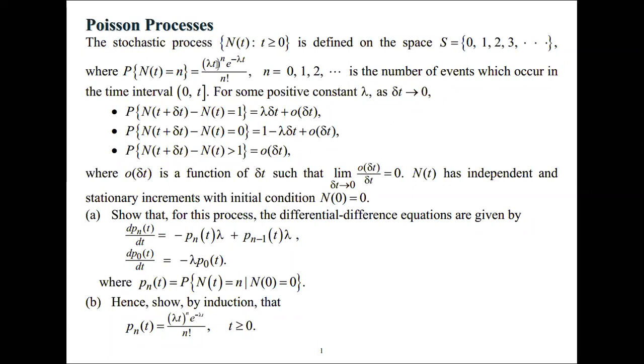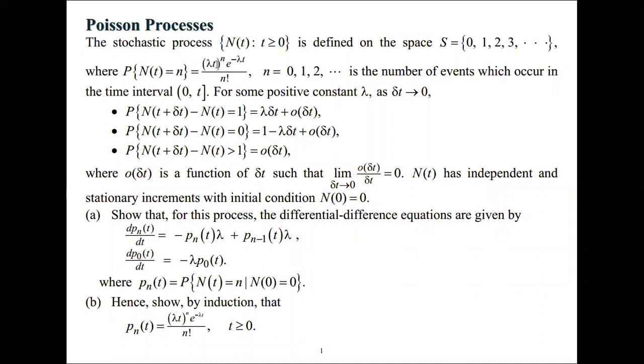So we are dealing with the number of events that occur within a certain time interval. Maybe we can talk about the rate at which people are joining our conversation here, or the rate at which a certain event is occurring within a certain time frame.